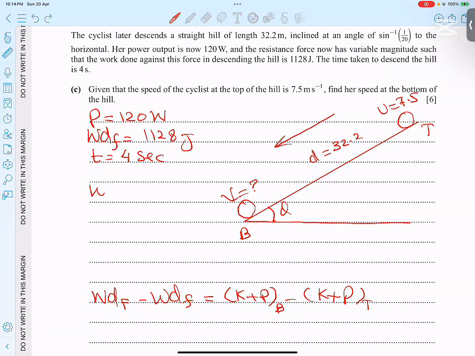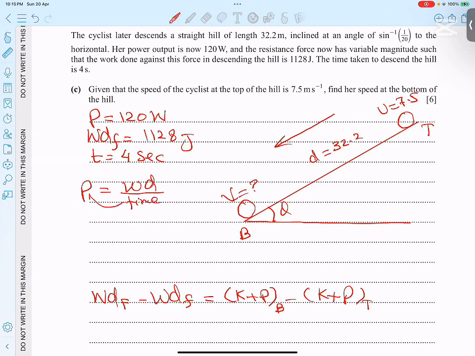Basically, if we know the definition of work done, we can say that we have the power given here, and work done is power multiplied by time. Students, all of you know the power formula: work done divided by time.